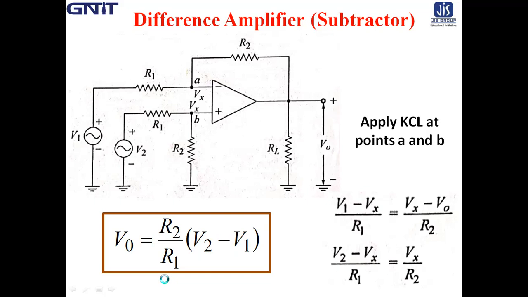Now for unity gain, that means R2 is the same as R1, the circuit serves as a simple subtractor circuit, the output voltage V0 giving the difference of the input voltages V2 and V1.